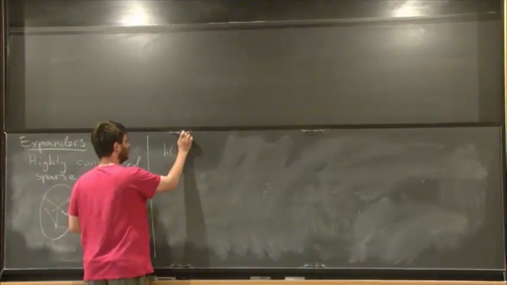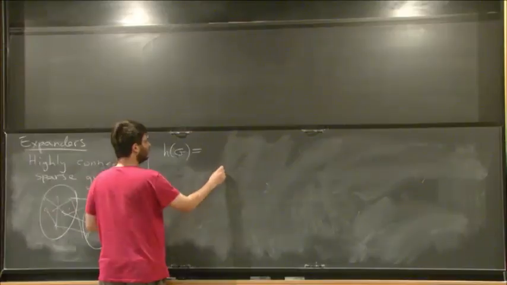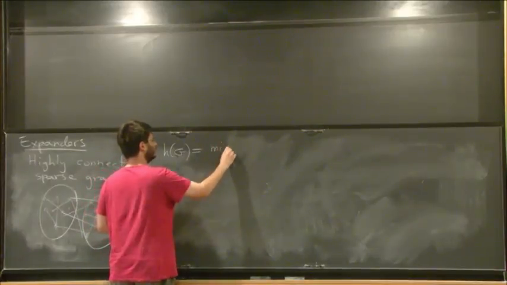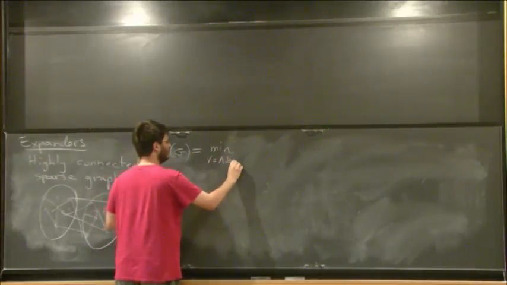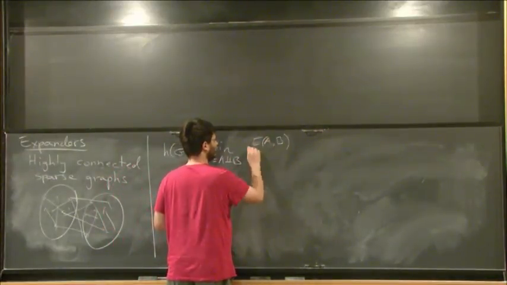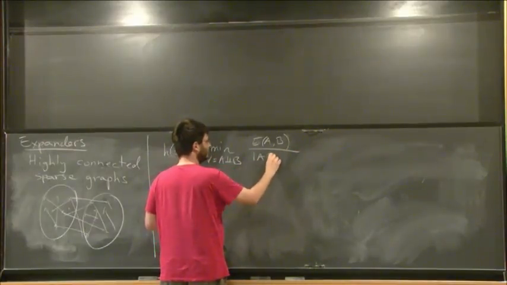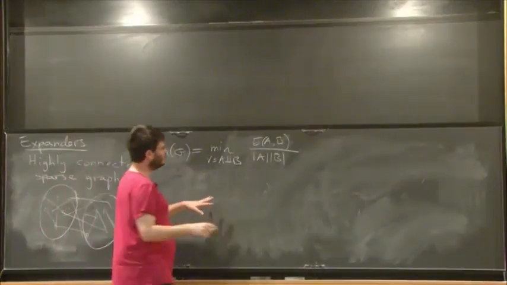And one way to define it is the Cheeger constant, which is the minimum over all partitions of the number of edges crossing divided by the sizes of the partitions. We don't want a trivial partition into one edge and everything else.